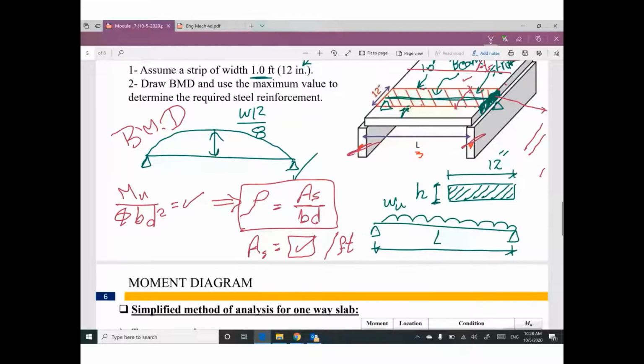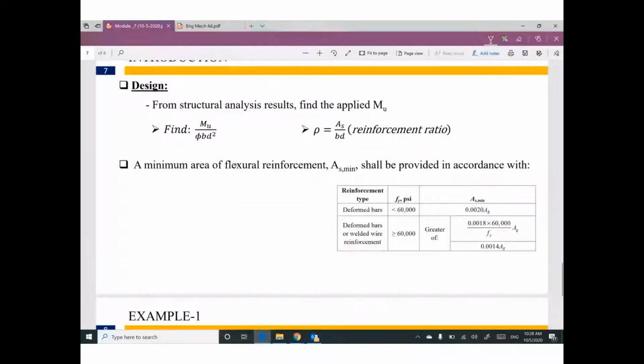Find this term, go to the table based on F prime C and F yield. Based on this table, I can figure out rho. Your rho equals area steel divide B D, so I can figure out this area steel, and remember this area steel is per unit width of the slab.